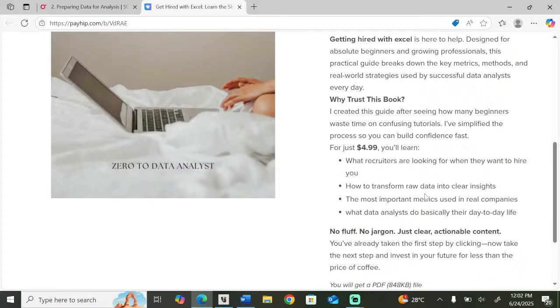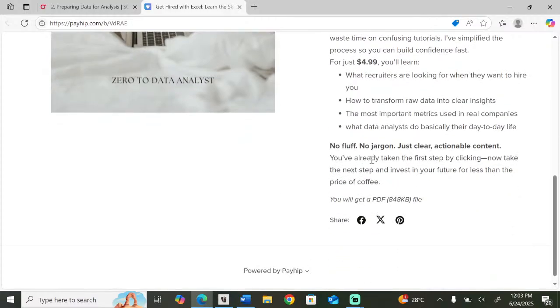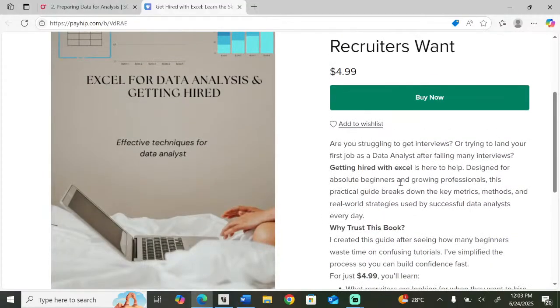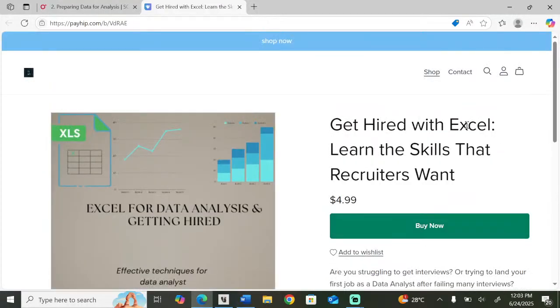No fluff, no jargon, just clear actionable content. That is what the book is about.